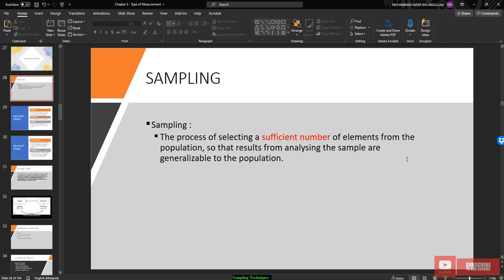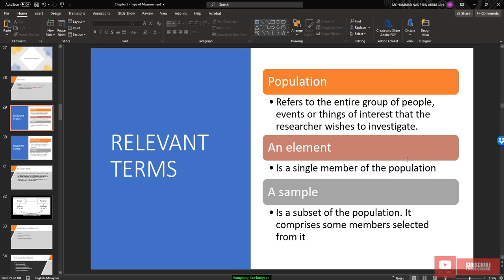So sampling means the process of selecting a sufficient number of elements from a population so that the results from the analysis of the sample are generalizable to the population. Right. So the terms that you need to understand in the sampling techniques topic, first is the population.